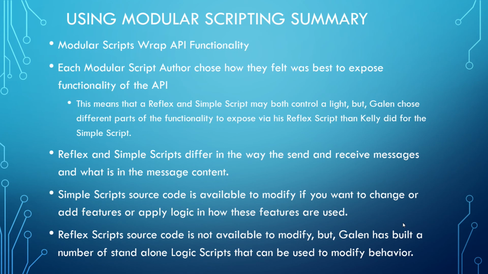Quite honestly, Galen has written the Reflex side so that it'll accept simple script messages. So really, you can stay in the whole simple script world, and as long as you don't care about the tiny delay of going through the queue, you can interact with anything in the Reflex script world.